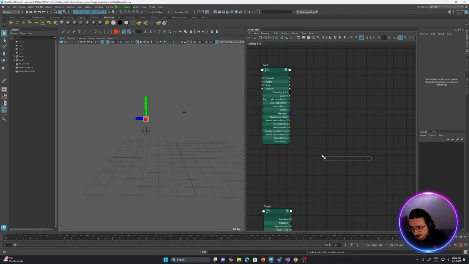So let's put our translation into the world space for the root and for the target.